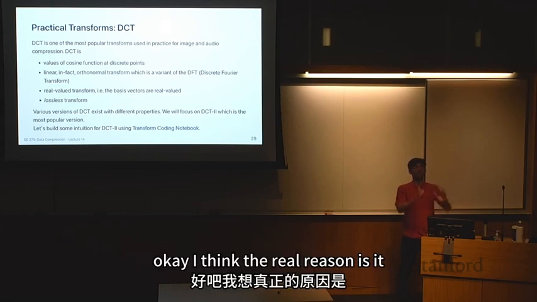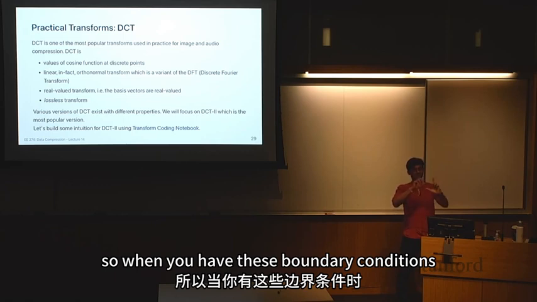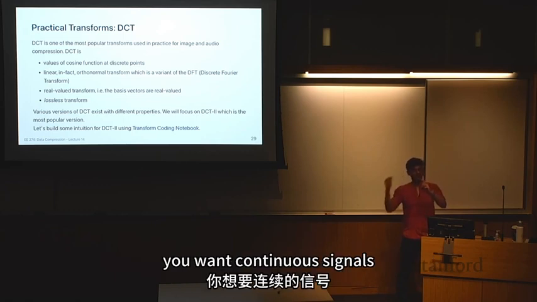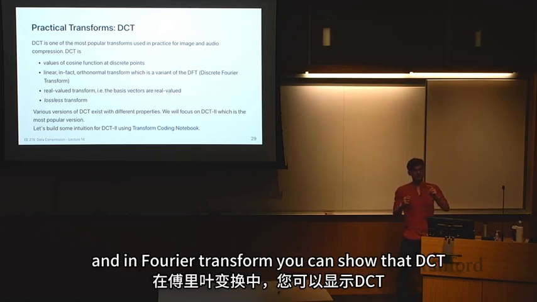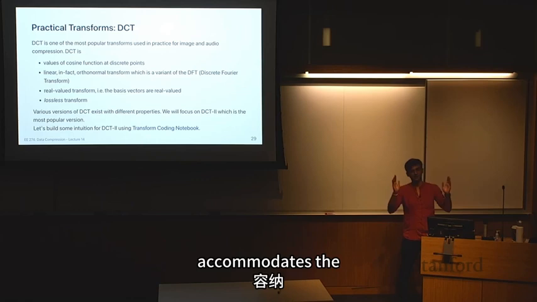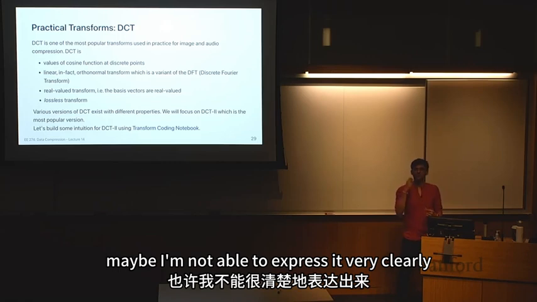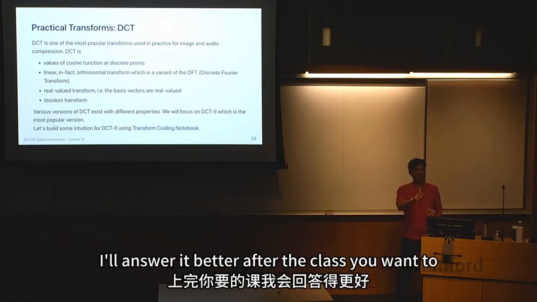I think the real reason comes from the block conditions, boundary conditions. When you have these boundary conditions, you want continuous signals. And you can show that DCT accommodates the boundary conditions better when you break down in blocks. Maybe I'm not able to express it very clearly. I'll answer it better after the class.